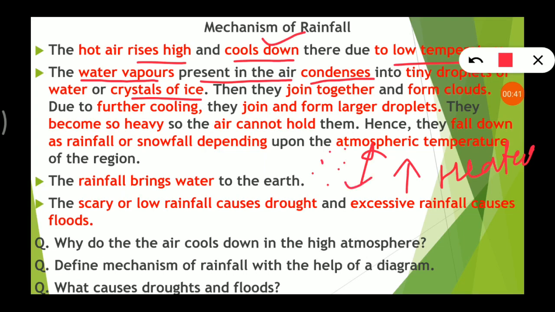It depends upon the rate of cooling there. Then after they join together and form clouds.